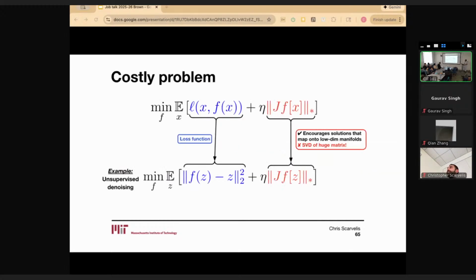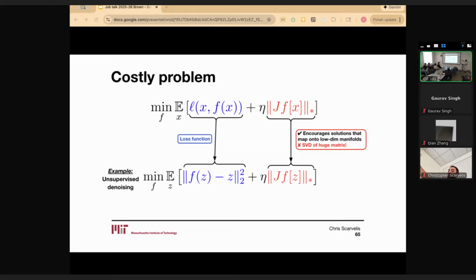So I want to start by taking a look at that first, more costly problem, which I've mapped onto our unsupervised denoising problem. Over here, L is a continuously differentiable loss function that can depend on both the inputs and the outputs of the denoiser. That's not a very restrictive assumption. It includes many loss functions that occur in machine learning, such as the regression loss from unsupervised denoising. Now, we're minimizing the expected loss over some data distribution, like the distribution over noisy images in unsupervised denoising.